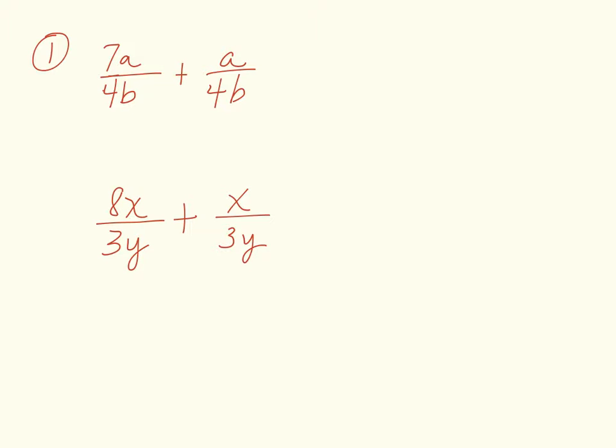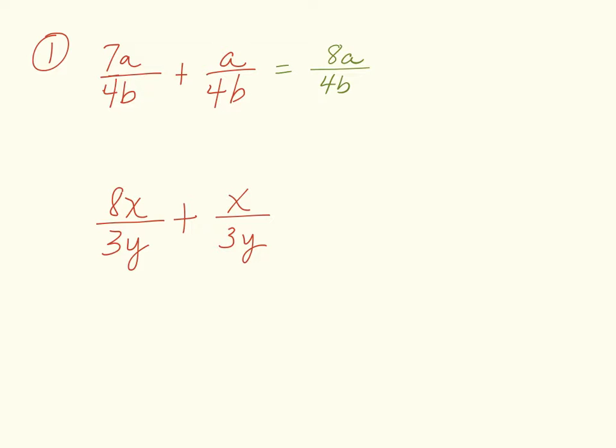Here we have 7a over 4b plus a over 4b. First thing to recognize is that it's addition and the denominators are the same. So your answer will have a denominator of 4b, and we have 7a plus 1a, okay? That gives you 8a.